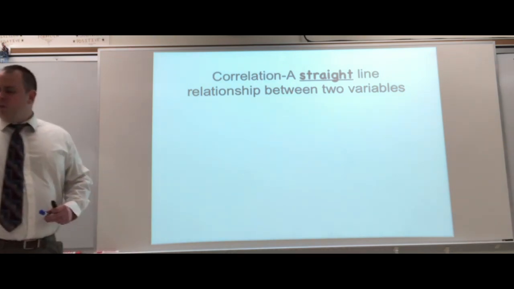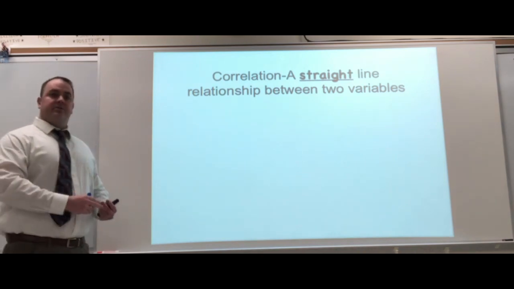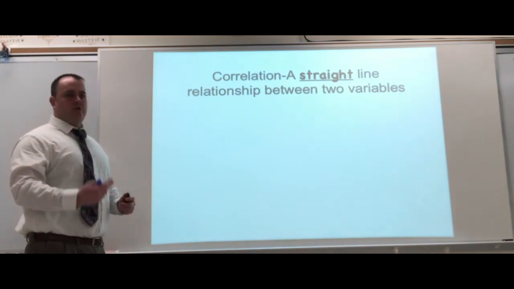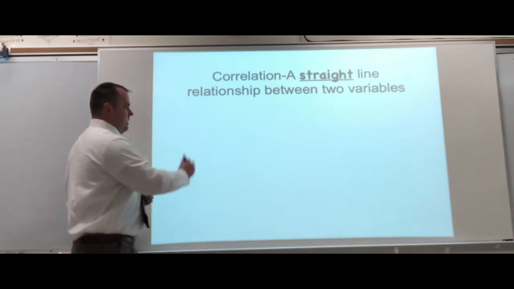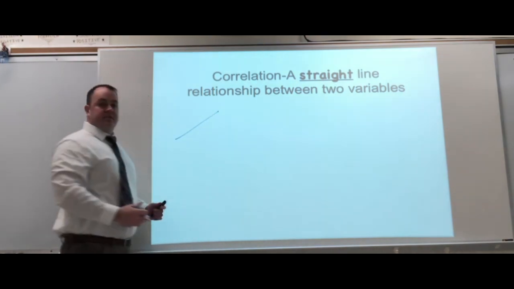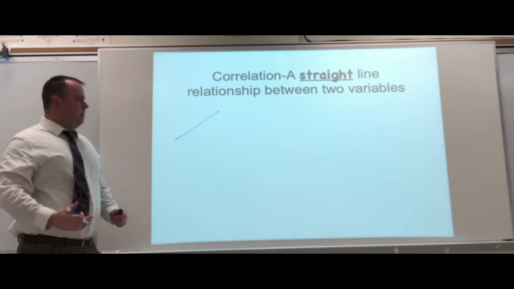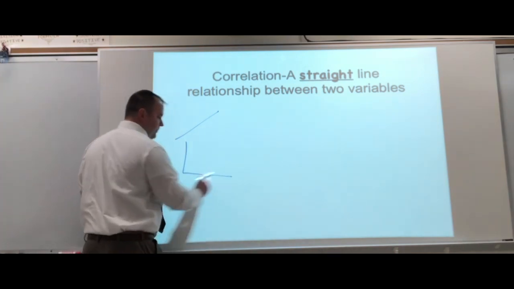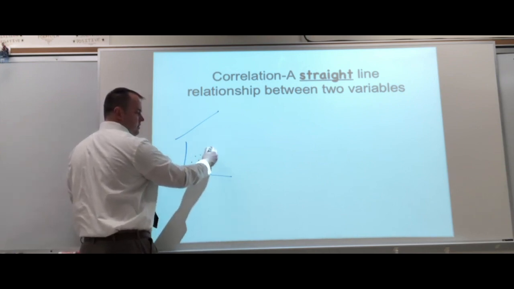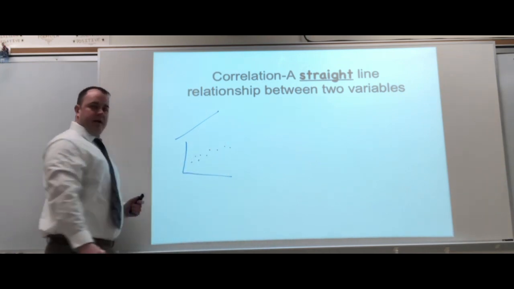Okay? Now, I just said positive and negative, you're going to need to look at the direction and think of it as slope. When we had slope, a line going up was considered a positive relationship or a positive slope. Well, if you have a scatter plot and those points are going up, they're increasing.